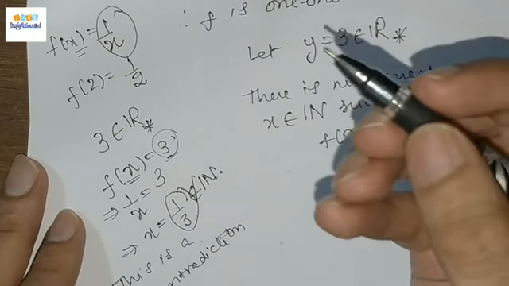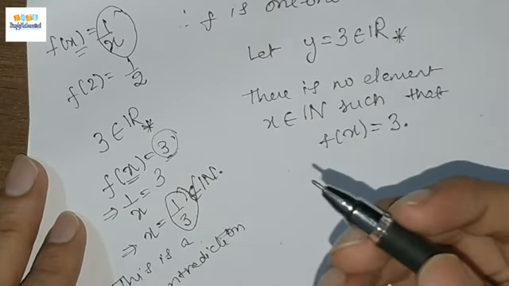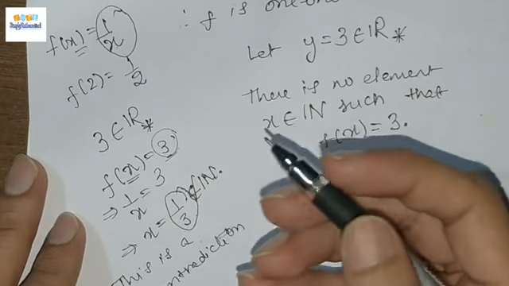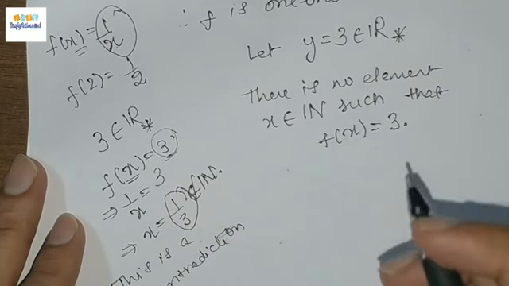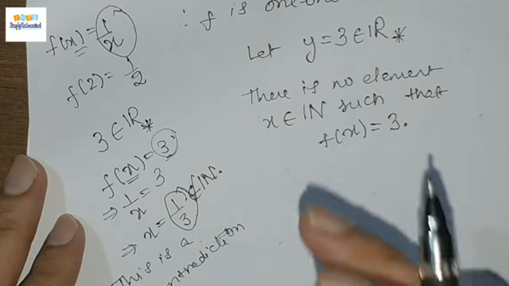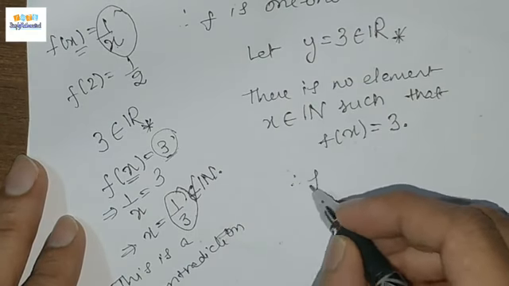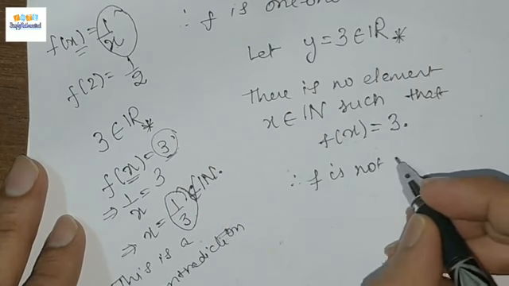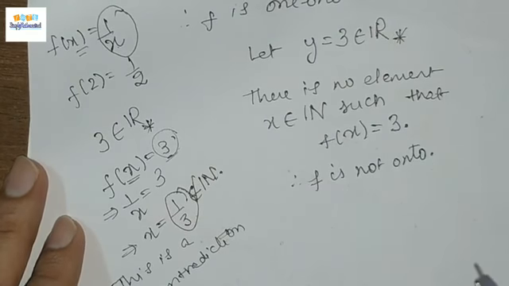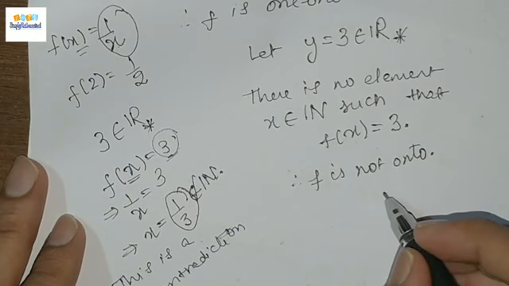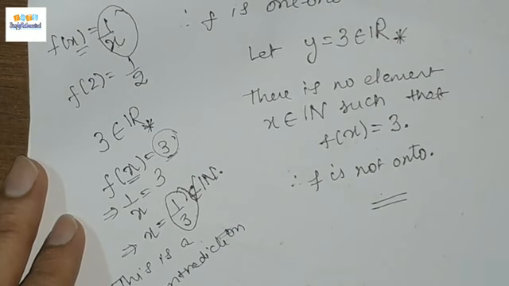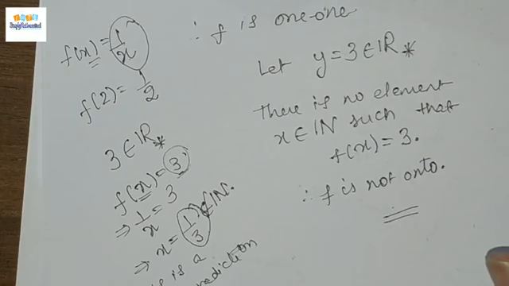So you have one y which is equal to 3, which does not have any x in the domain which is mapped to it. So therefore f is not onto. So that was the problem number 1, right?